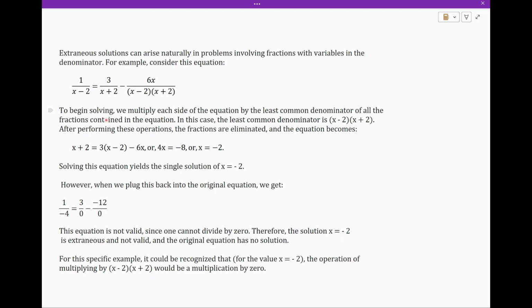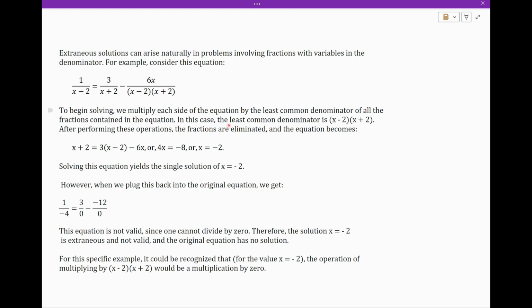To begin solving, we multiply each side of the equation by the least common denominator of all the fractions contained in the equation.